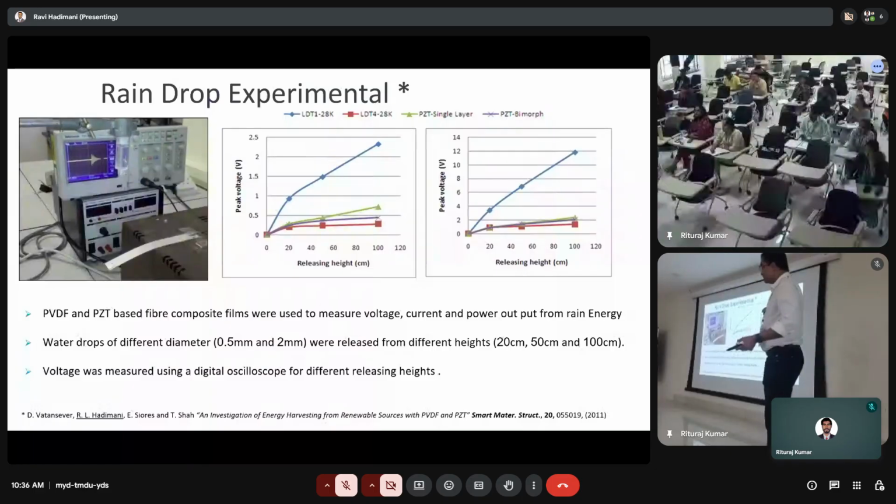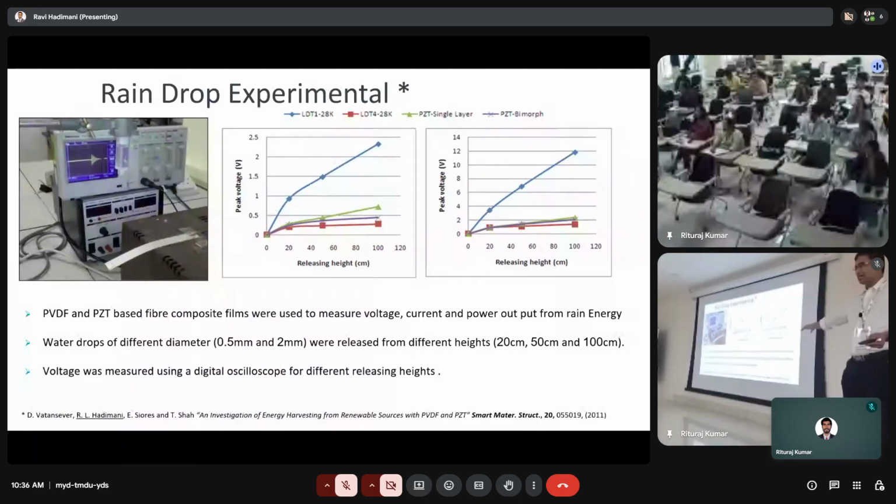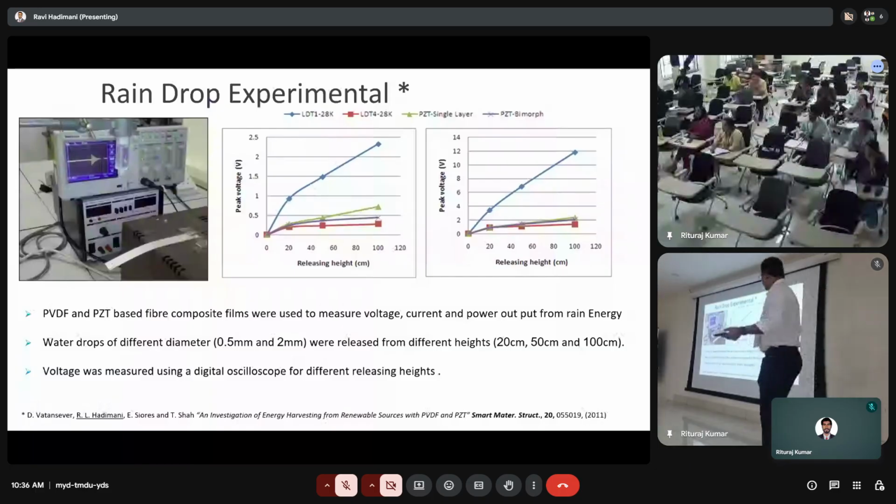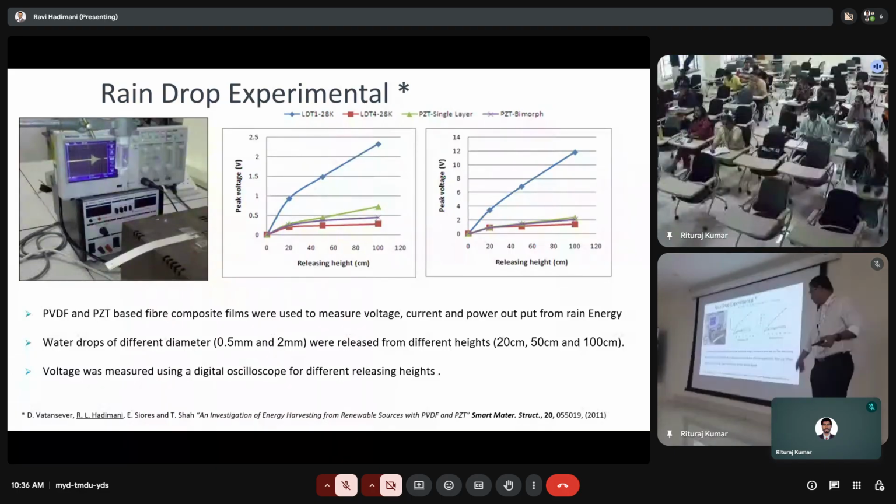I think the title was Investigation of Energy Harvesting from Renewable Resources with PVDF and PZT. We compared it with PZT film as well, and it was also selected as the cover page of the journal.